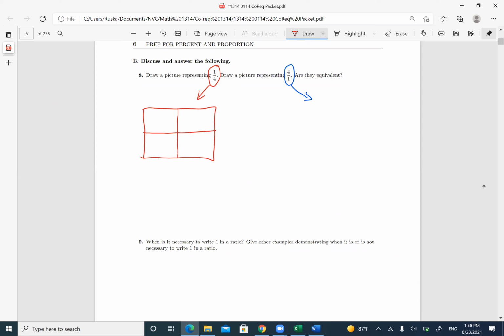It doesn't matter how you divide it by 4. It could be diagonals, or like this. There are different ways to divide it by 4. You can divide it by 4 vertically, or horizontally. It doesn't matter. You still have 4 different pieces.